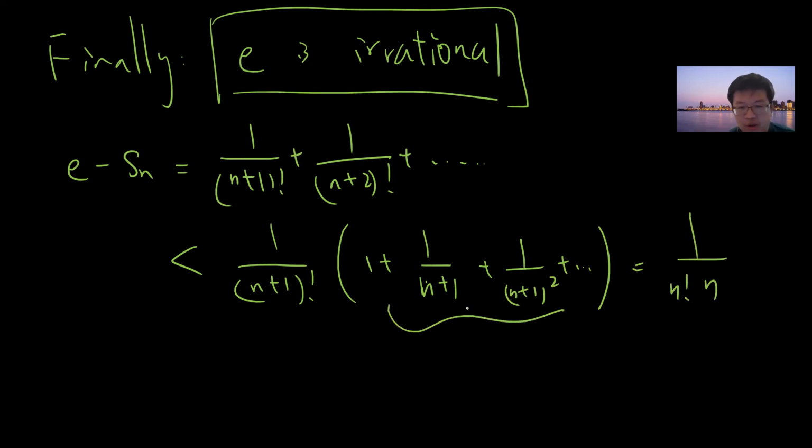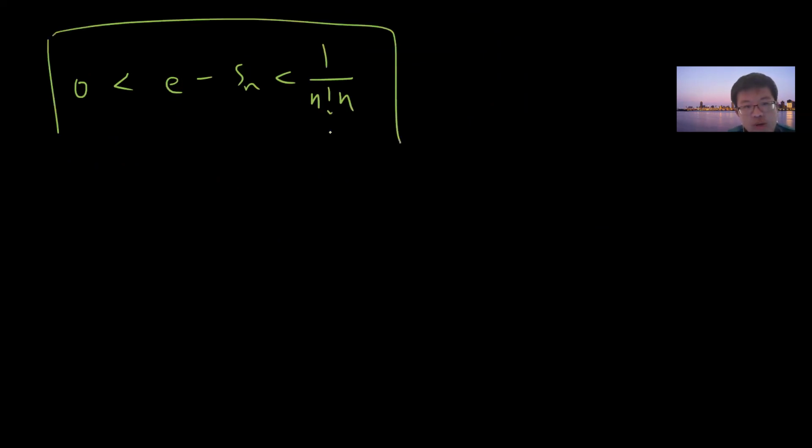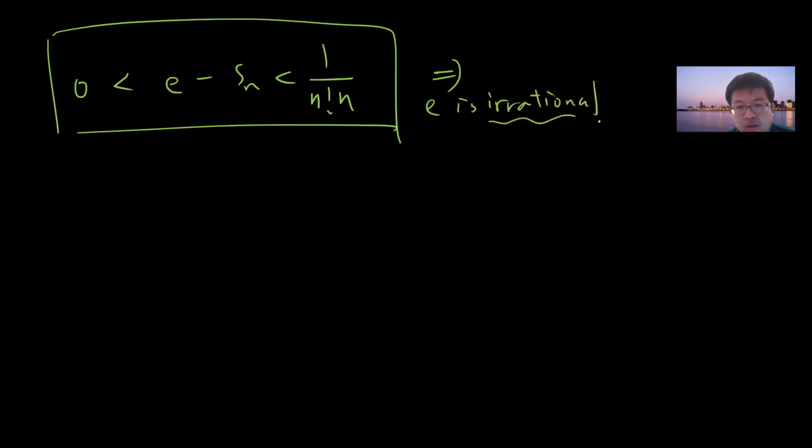Yeah, it's just using the geometric series. Okay, so basically, we have just proved this. This inequality will let us prove that E is irrational. Hopefully it's not astonishing.